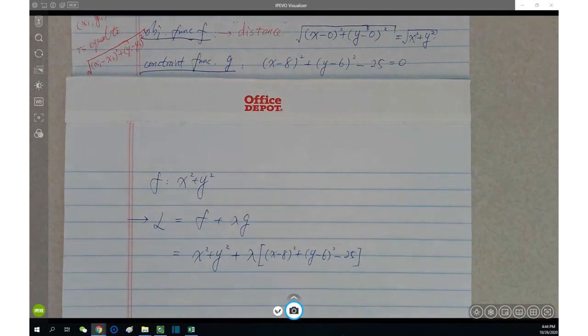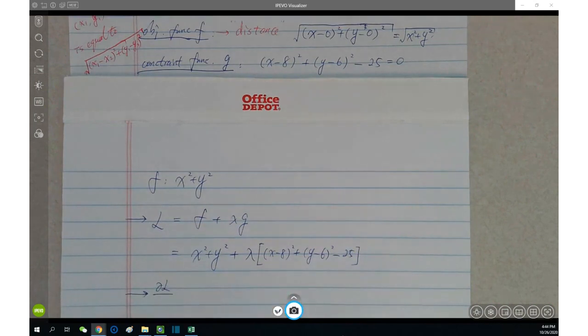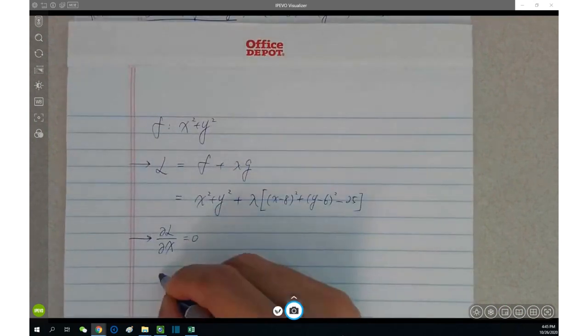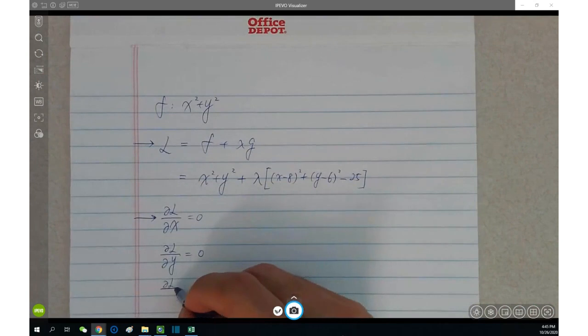Any questions? All right, we can move on. So from here, we start to find partial derivatives, right? How many partial derivatives do we need to find? With respect to the first independent variable x, with respect to the second independent variable y, and with respect to the introduced unknown lambda, right?